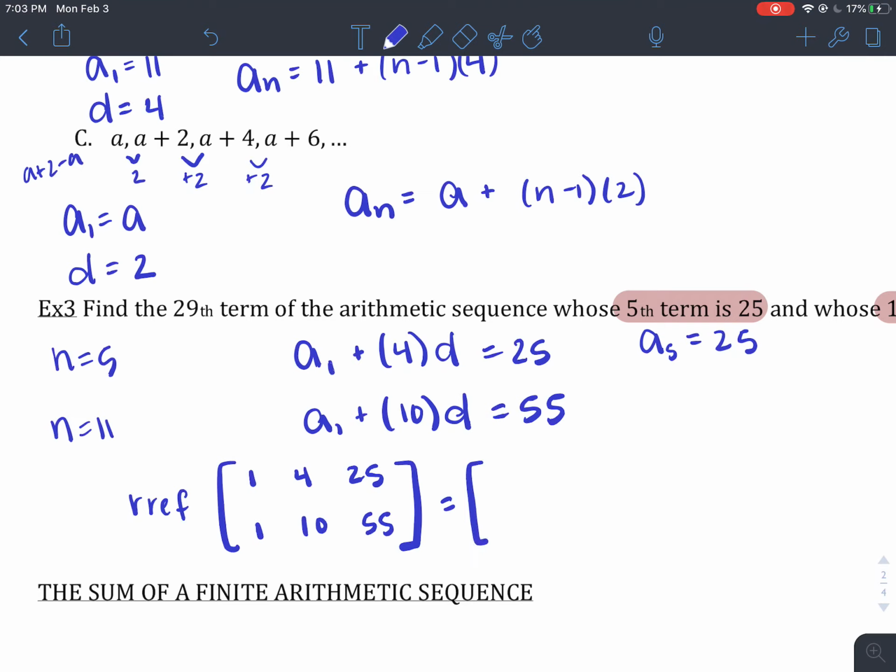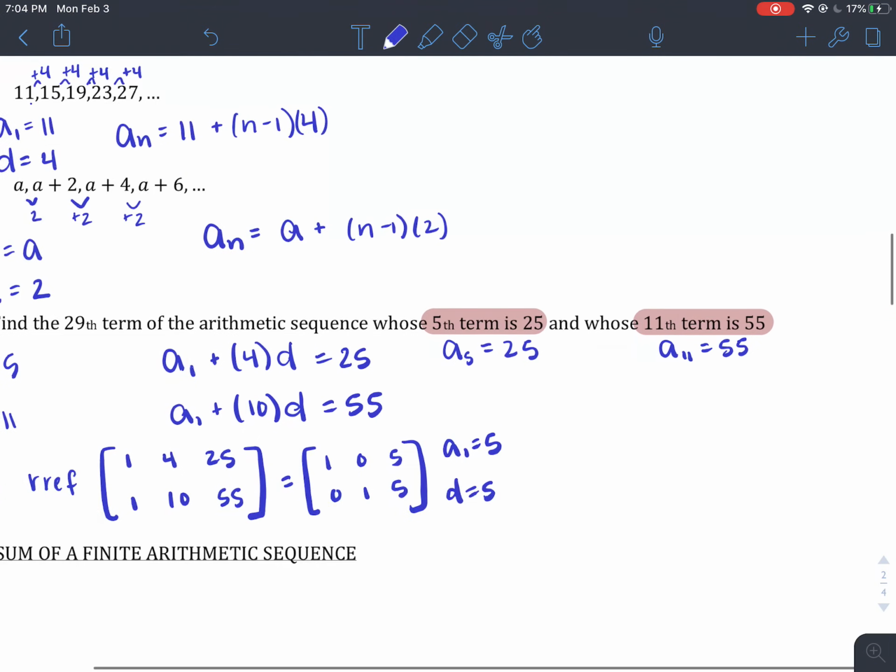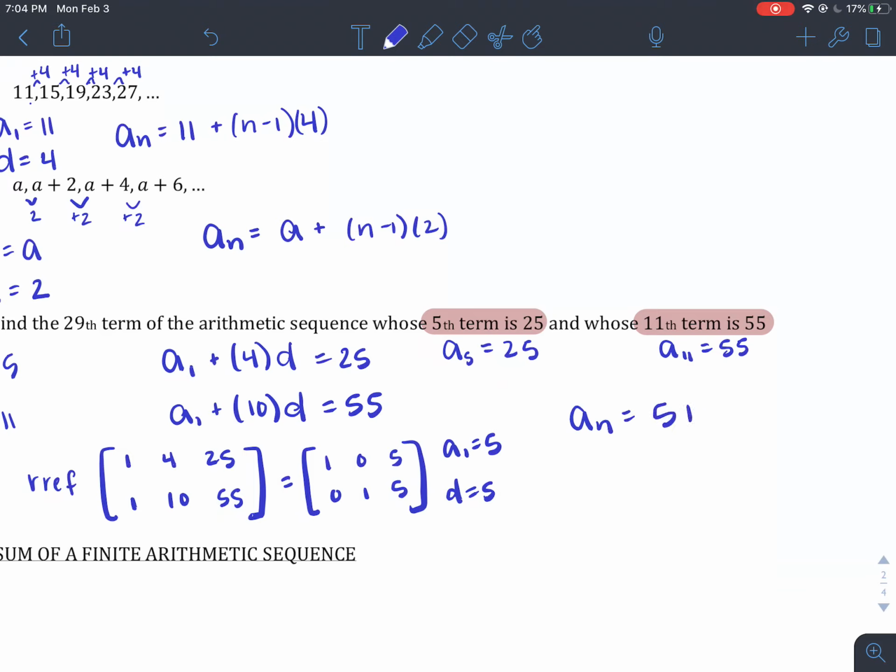We rref this, and we get back 1, 0, 5, 0, 1, 5, which says a sub 1 is 5 and d is 5. So our formula, our nth term, is a sub n equals 5 plus n minus 1 times 5.